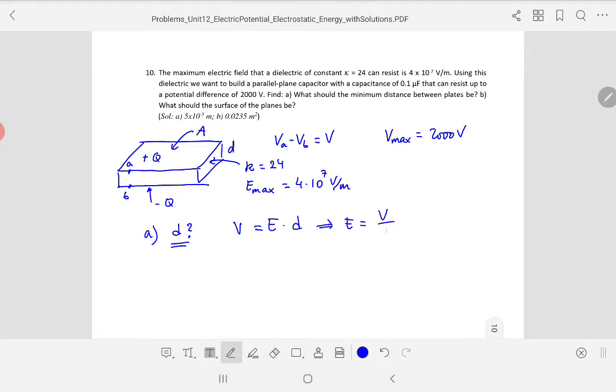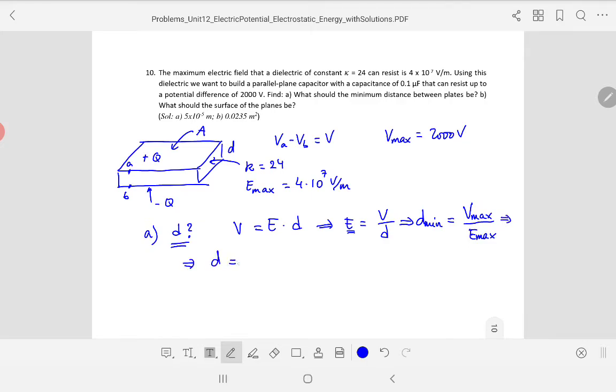So here you can see that, provided a certain potential drop, if the distance between plates is very, very small, then the electric field is going to be very big. So this is going to set a minimum distance, and this minimum distance is going to be exactly the ratio between the maximum potential drop we're going to allow and the maximum electric field that the dielectric can handle.